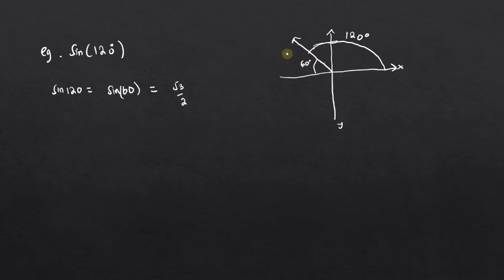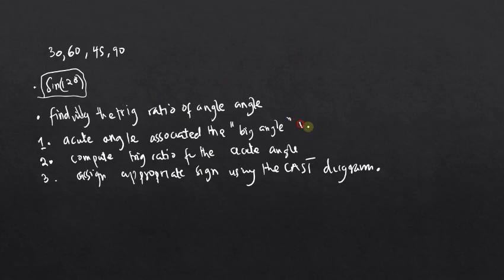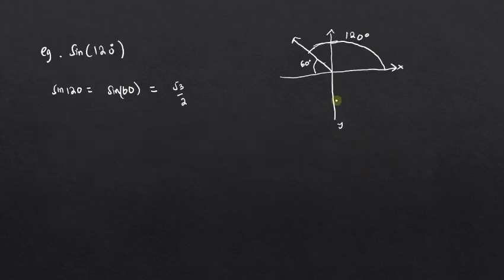Now, based on the rules, first we have found the associated acute angle, and then we have computed the trig ratio. Now you need to find the sign. To find the sign, that's when you use the CAST diagram. In this quadrant, only sine is positive. So the associated acute angle here should be positive. So all this will be positive.